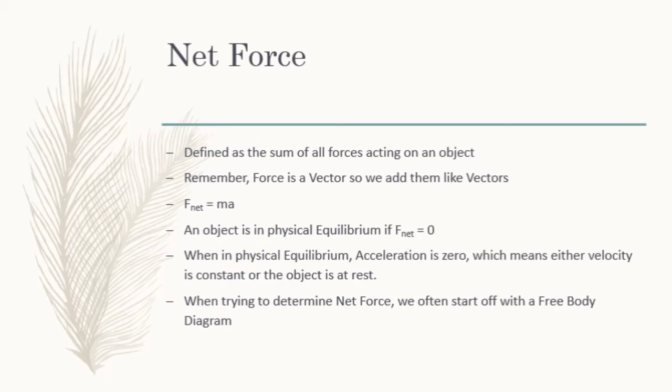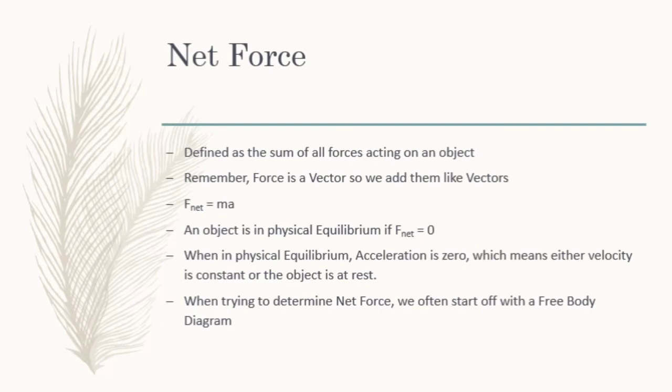Now, just because F net is 0 does not mean that there's no forces acting on the object. For example, I'm going to assume you're sitting down or laying down and you have 0 acceleration. That does not mean that gravity is not acting on you.